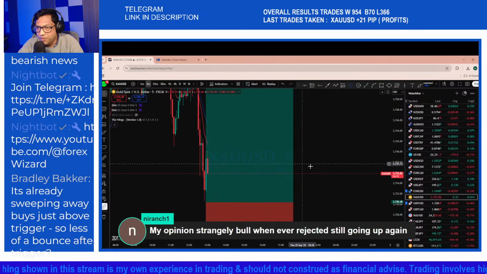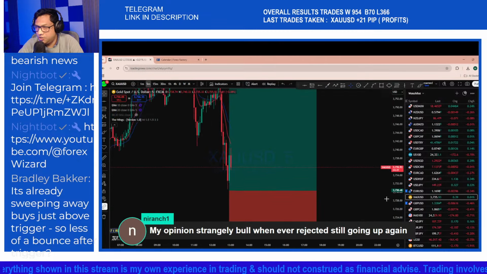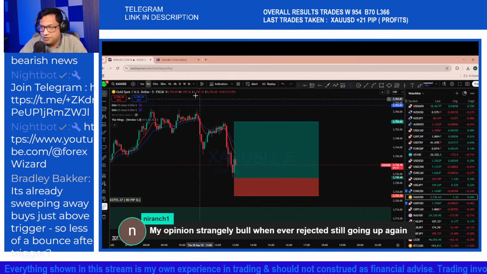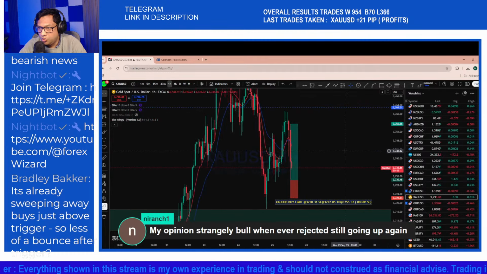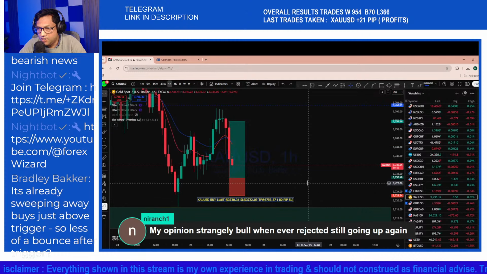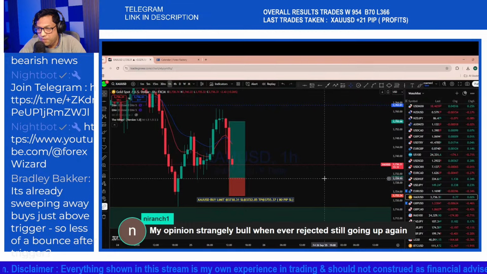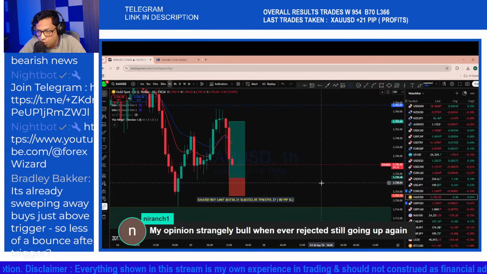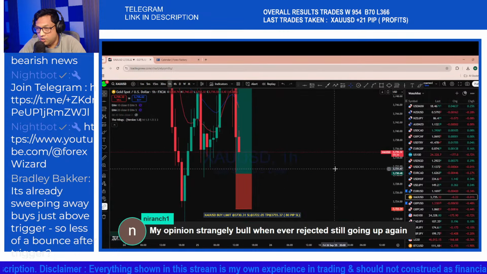From the 5 minutes we can see a bearish rejection here, and the 1 hour candle closed. If you look here, this is a 1 hour bear candle, and we expect it to come back here to cross that low. That's where you will get the trigger.